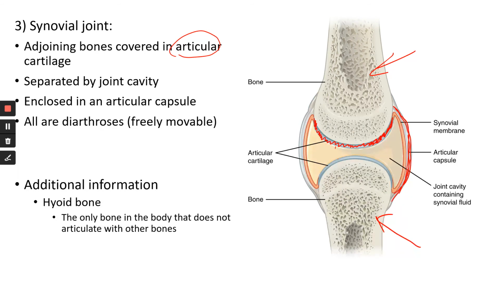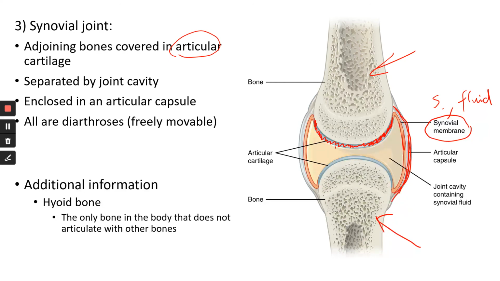So that's the capsule. Now you're going to ask, what is the layer that's internal to the articular capsule, this orange color layer? That's called the synovial membrane. The synovial membrane can secrete synovial fluid. This fluid is very important because it lubricates the joint and minimizes friction.